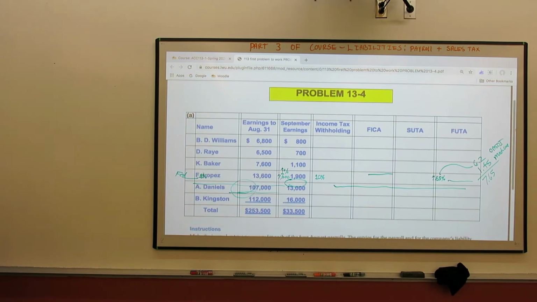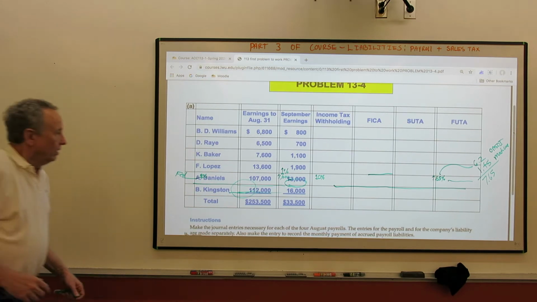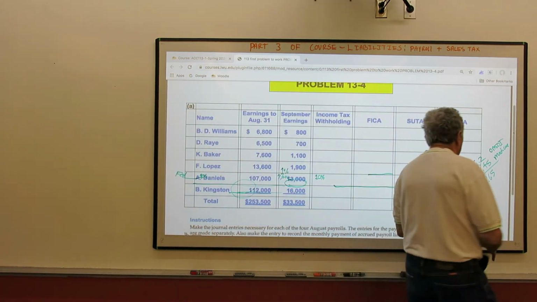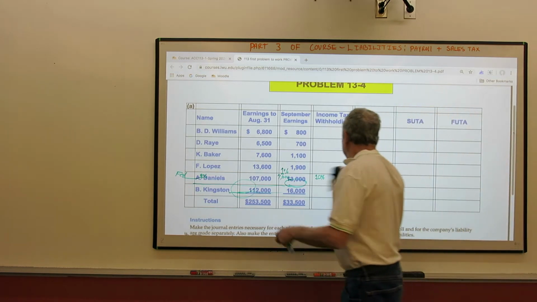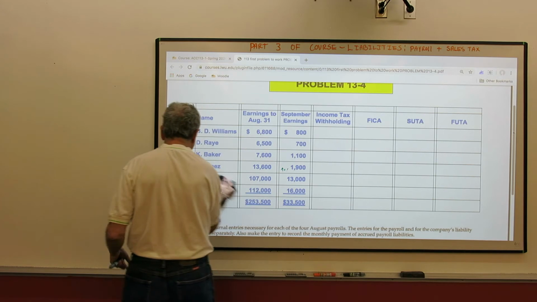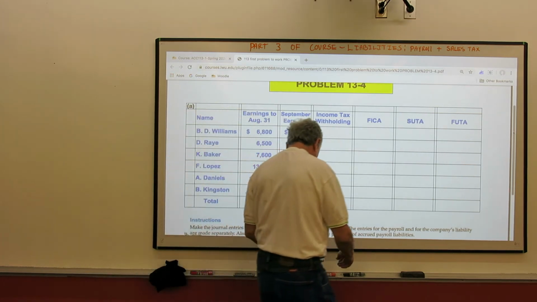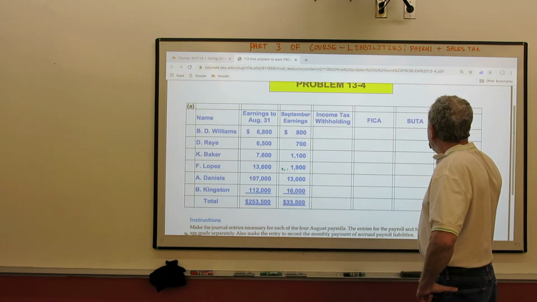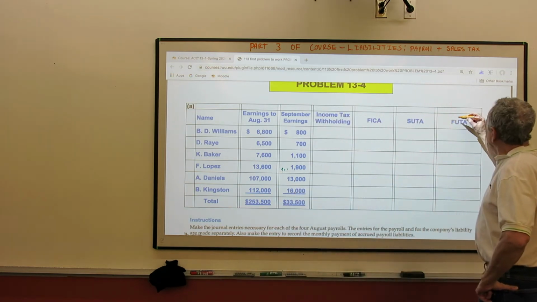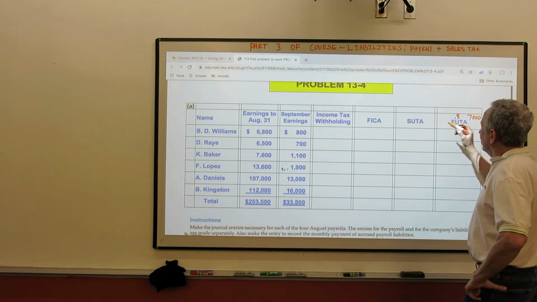I want to get it just right. All right, now I got to erase this because he's no longer applying where it was. All right, let's go back and jot down a few things. What did he say? I think he said FUTA was 0.8%, and it was on the $7,000 max.